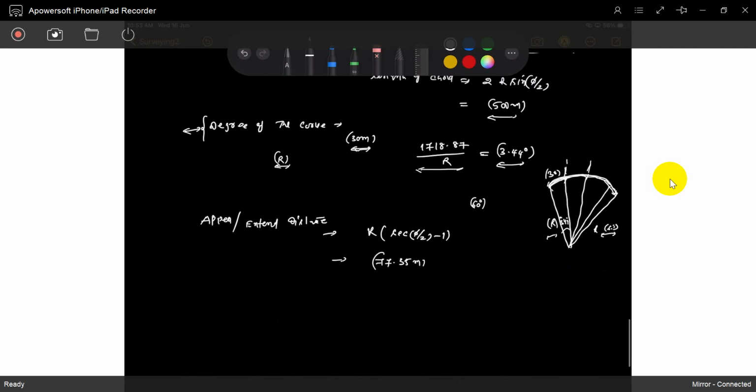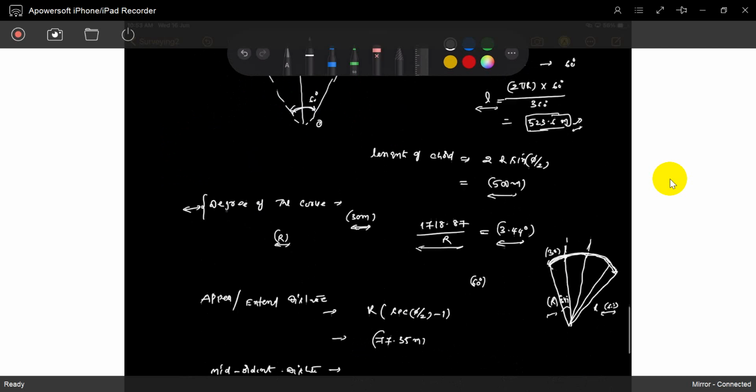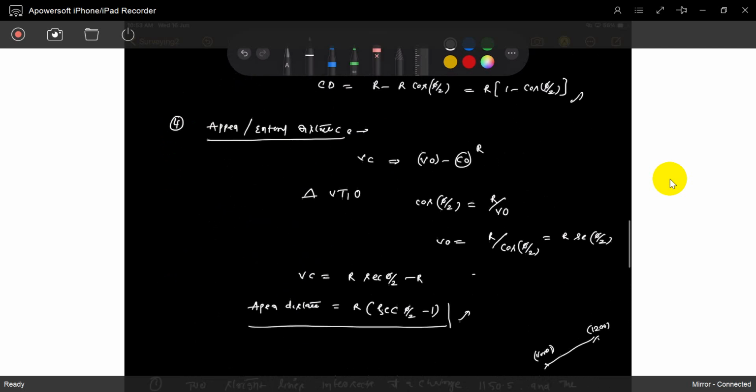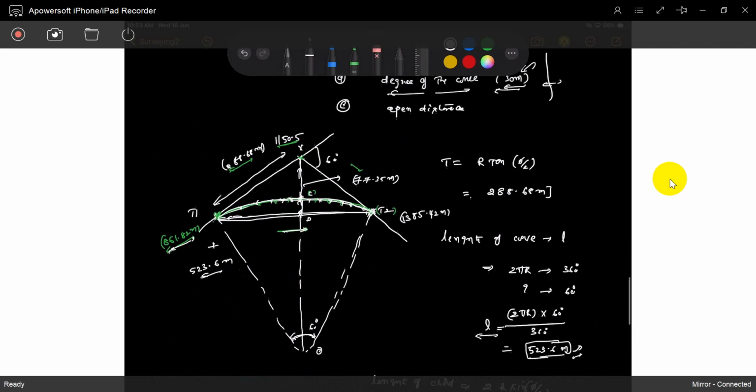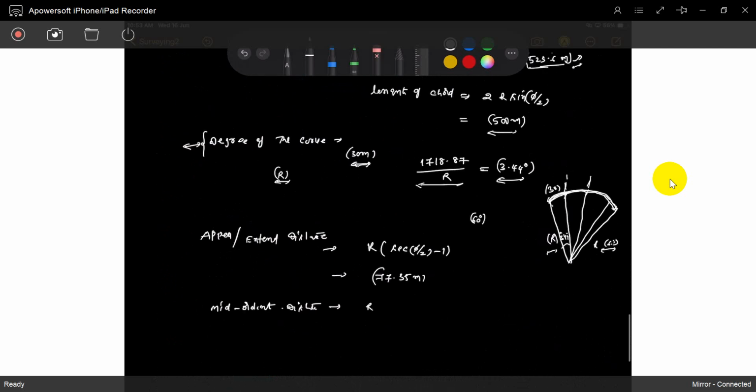Now the mid-ordinate distance also we can calculate. Mid-ordinate distance is r times 1 minus cos of phi by 2. What is the value? It is 66.99 meters.